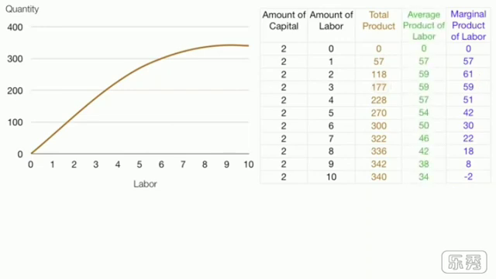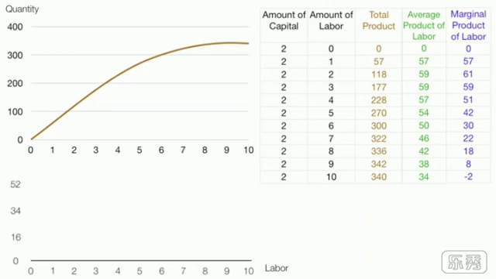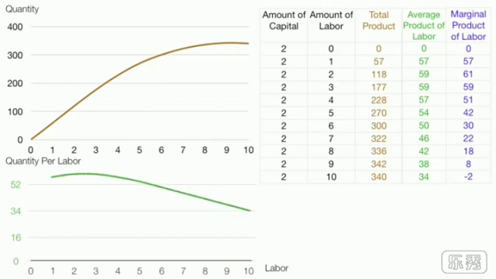So now I'm going to take the labor axis and I'm going to push that down. Let me slide that down a little bit. Labor. There it is right there. Along the y-axis, the vertical axis, I have quantity per labor. And I can plot my average product of labor on this graph right there.